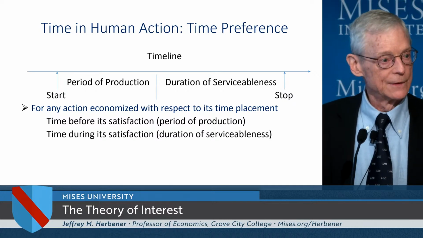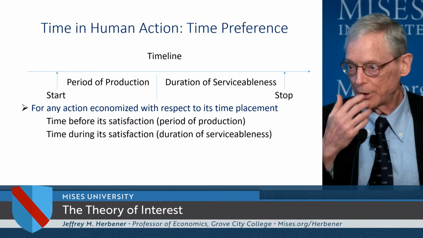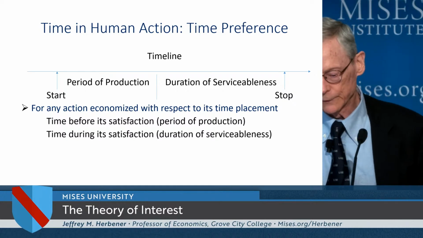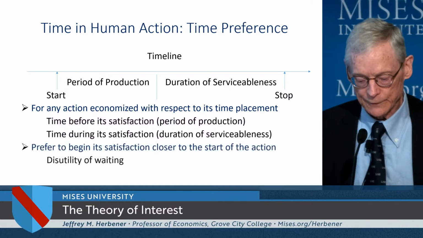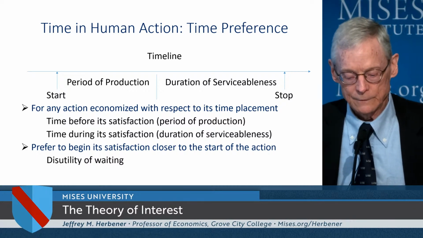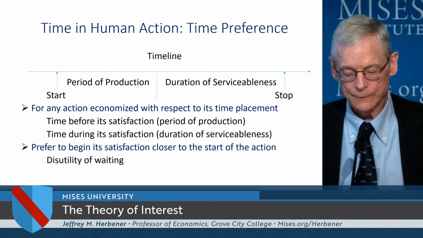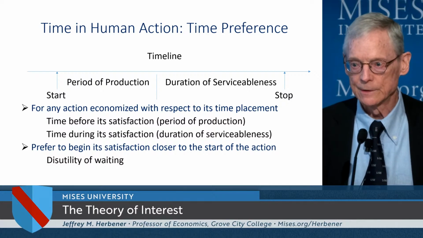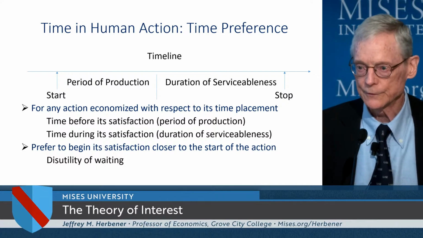And we see, again, I've just divided out the two parts of the action, the period of production, the duration of serviceableness. And time preference says the following. It says that a person always prefers, given what we've said, to begin the satisfaction of the end closer to the start of the action.